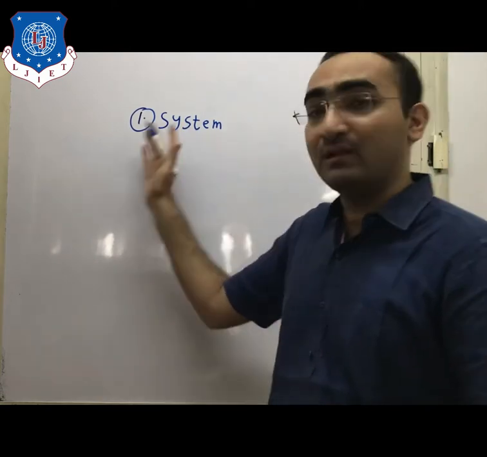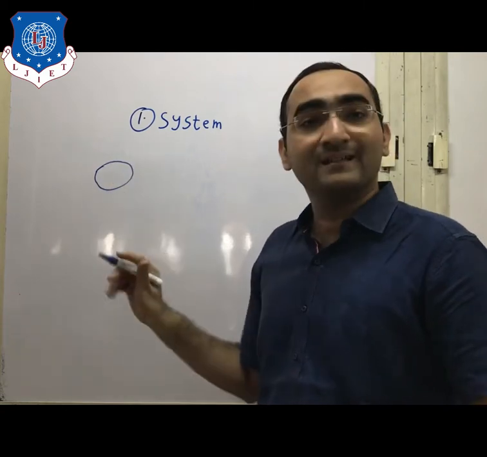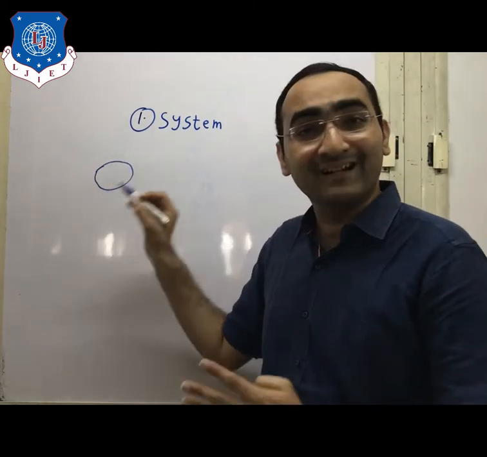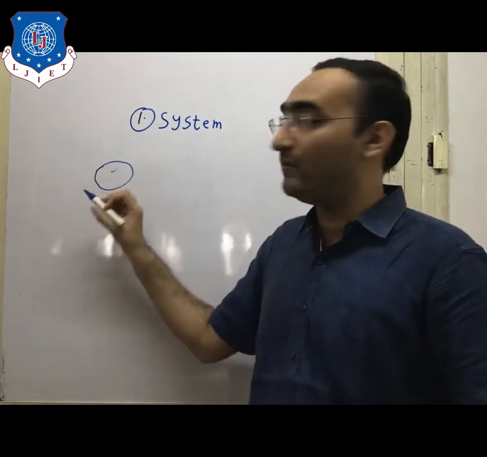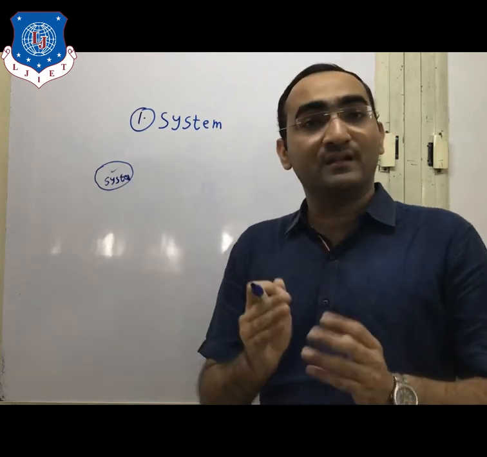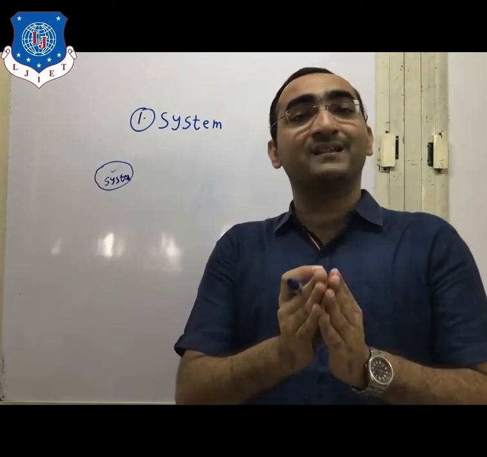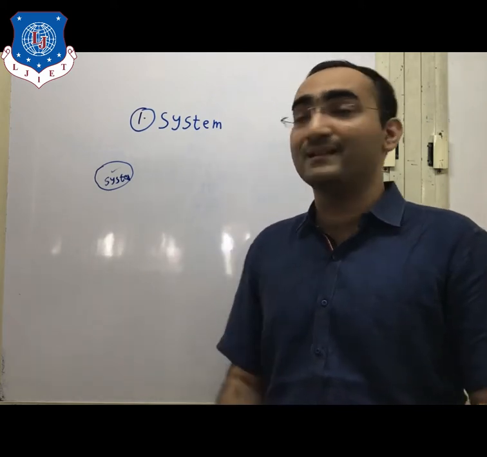Suppose this board is your universe and we are taking this portion as our system. We are doing certain experiments over here, unaffected by the surrounding. So this is known as a system. System means that on which we are doing a certain type of experiment.